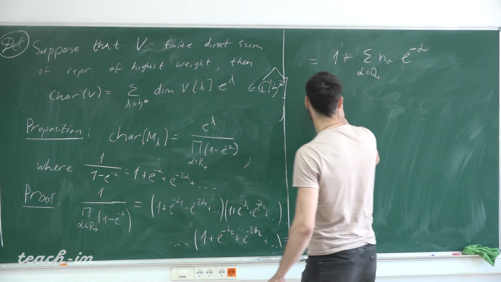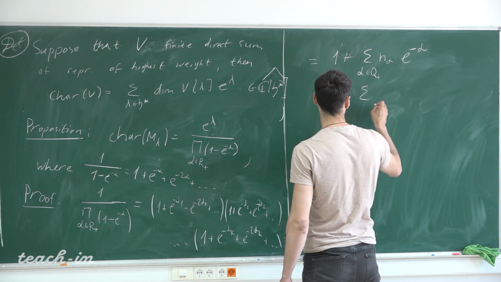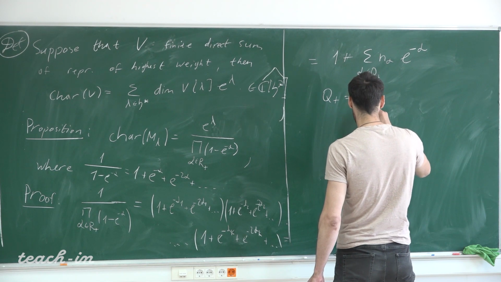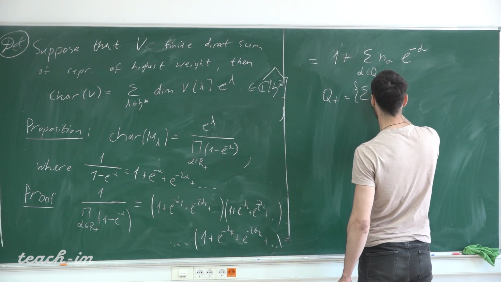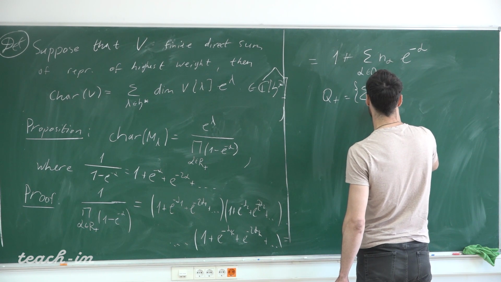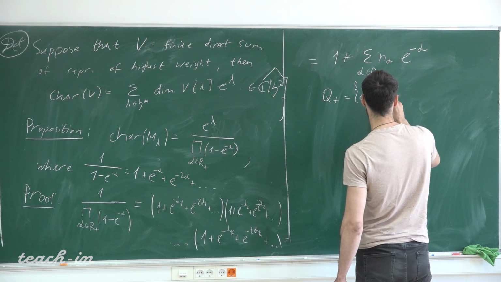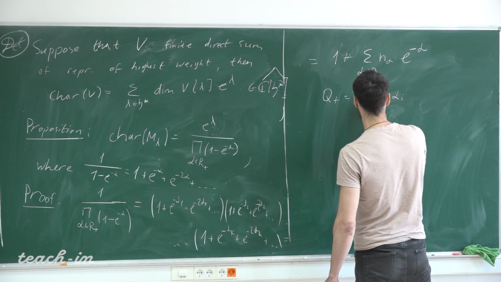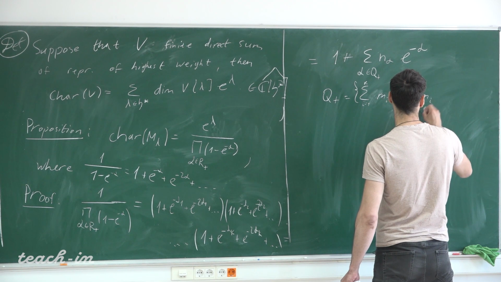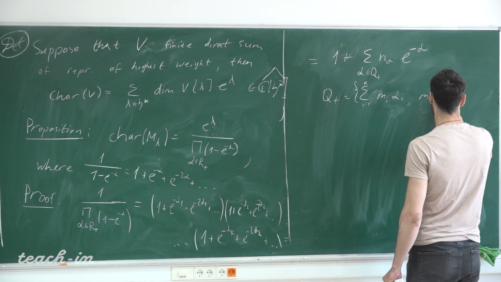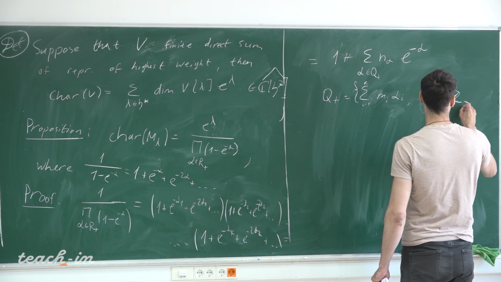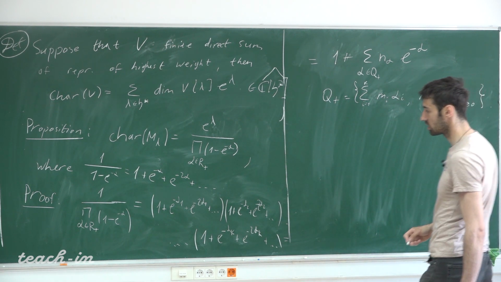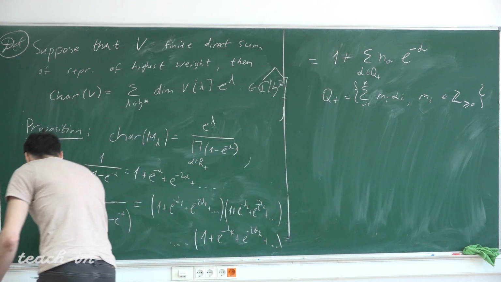So Q plus here is all elements of H star R of the form the sum of m_i alpha_i, i from 1 to k, where the m_i are nonnegative integers.